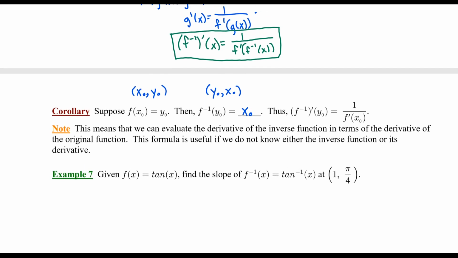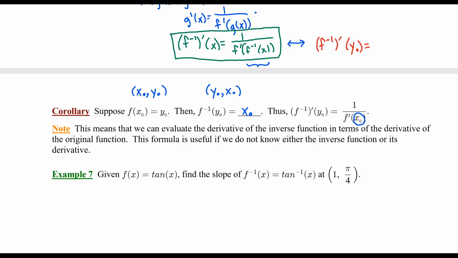Now, I want to keep this revised theorem up here because notice this argument is a little different than the information that I have right here. So let's apply an intermediate step here. I'm going to come back up here and use this edited formula we have and evaluate f inverse prime of y naught.